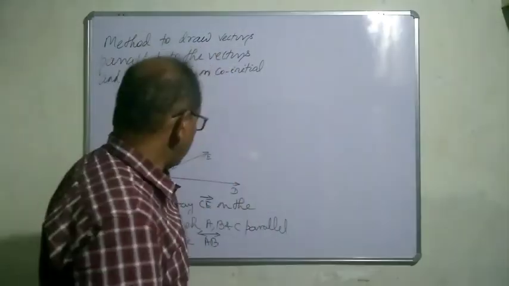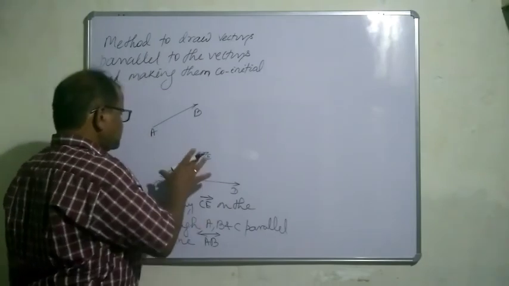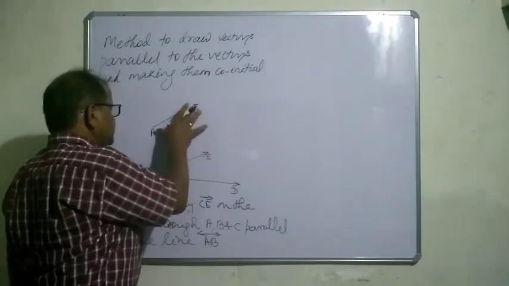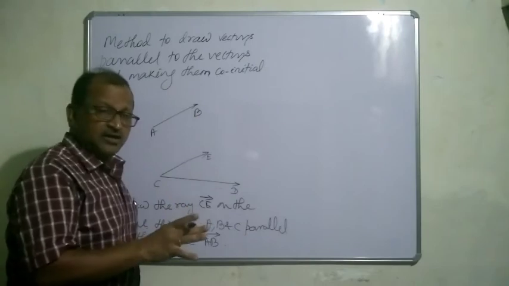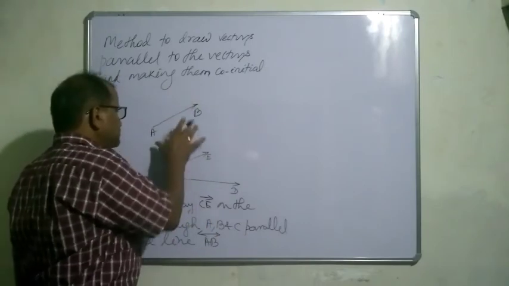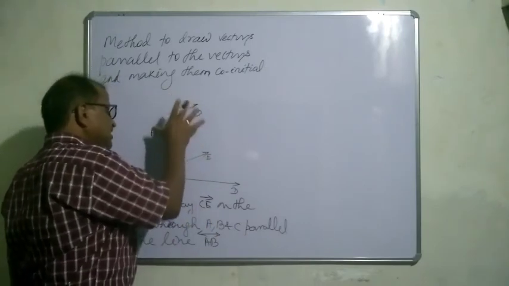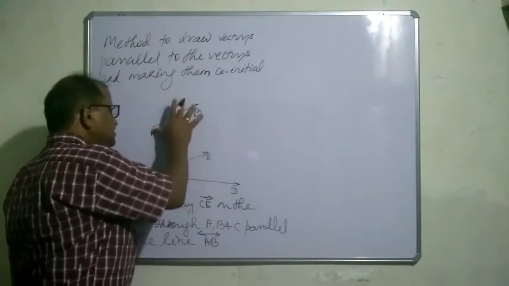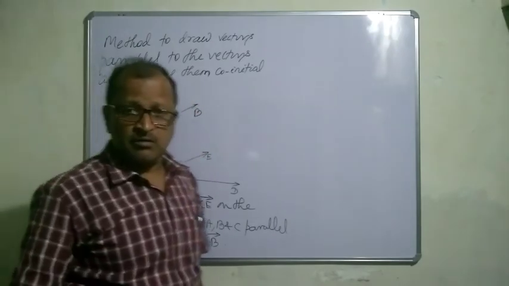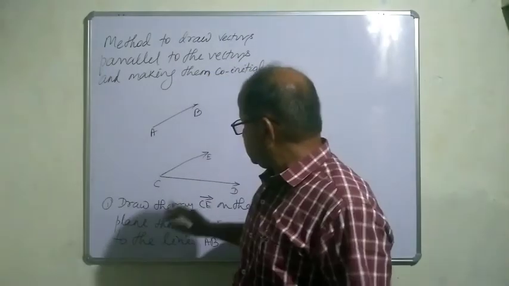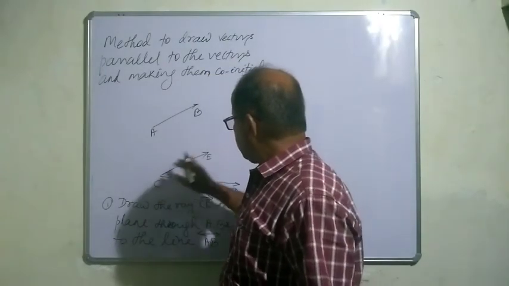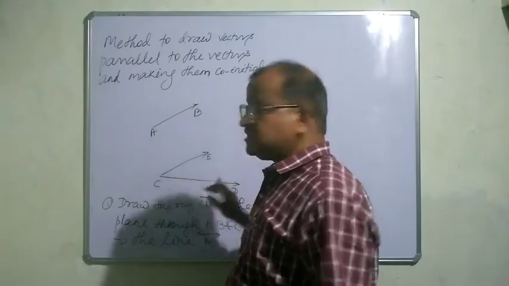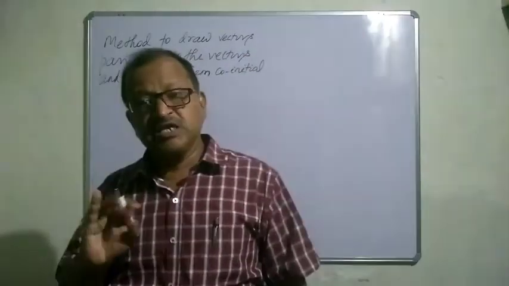Now you see, CE is parallel to AB. If you take the same magnitude, that means the same length as AB, then these two vectors are equal. Now, yes, your vectors CE and CD are co-initial.